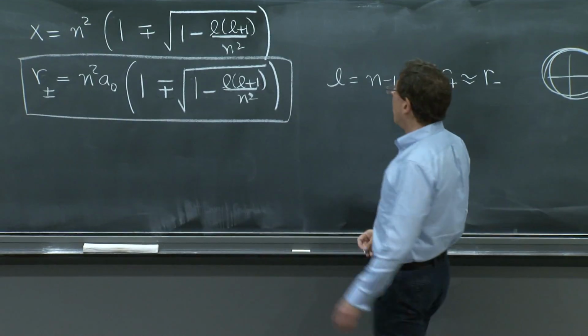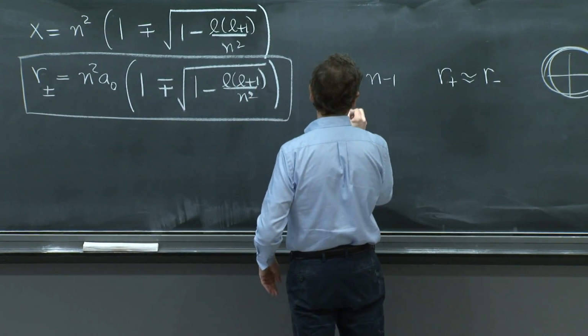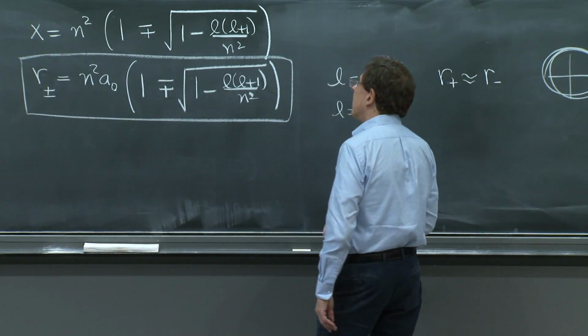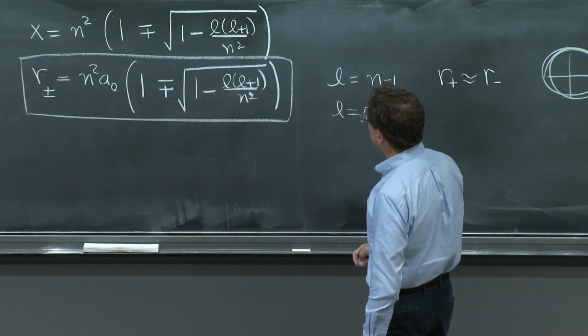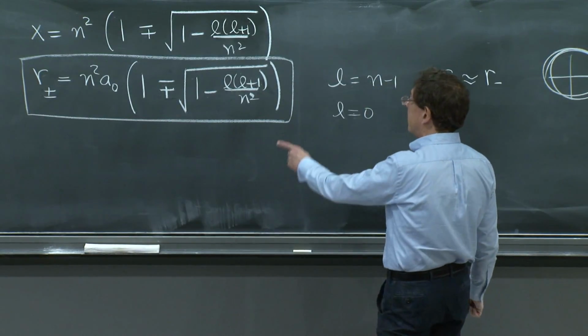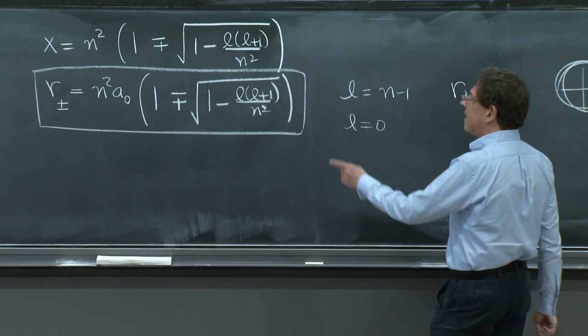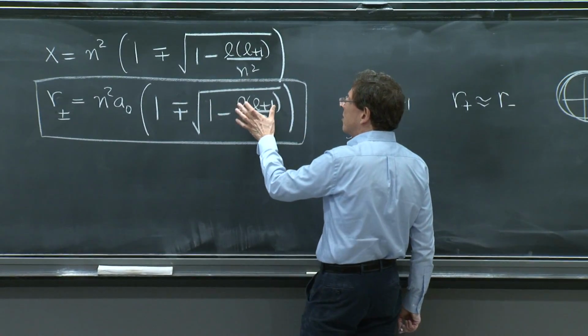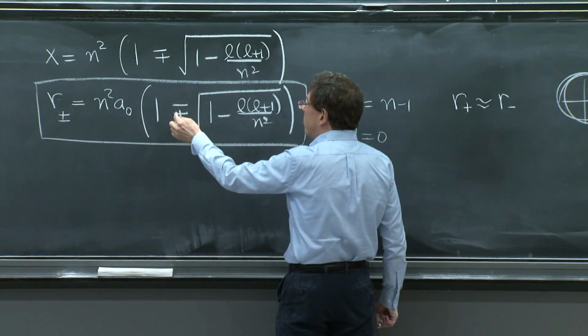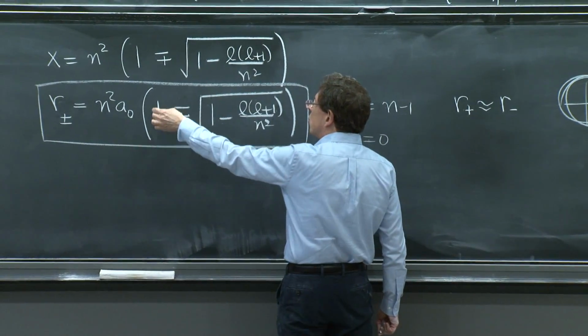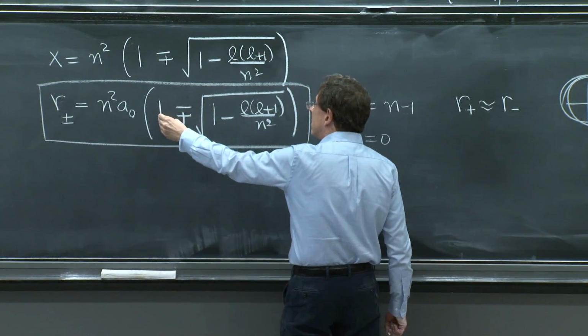For L equals n minus 1, r plus is almost the same as r minus, and the orbit is circular, completely circular. On the other hand, for L equals 0, the orbit is completely elliptical, in that the radius for L equals 0, this is 0, 1, plus minus 1. So sometimes it's twice this value, sometimes it's 0.